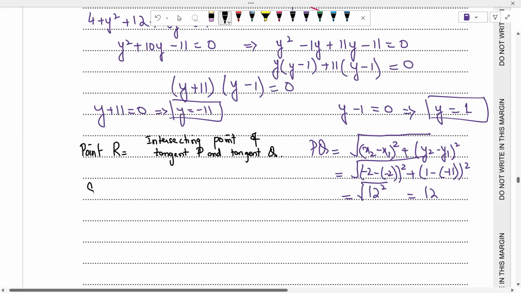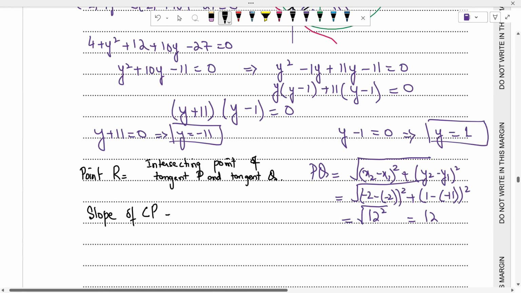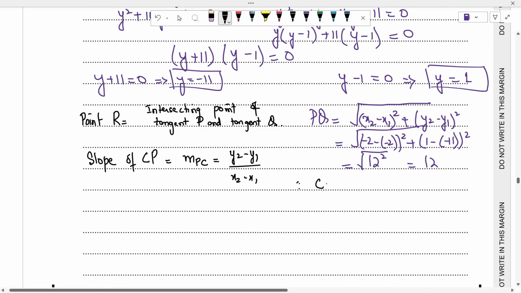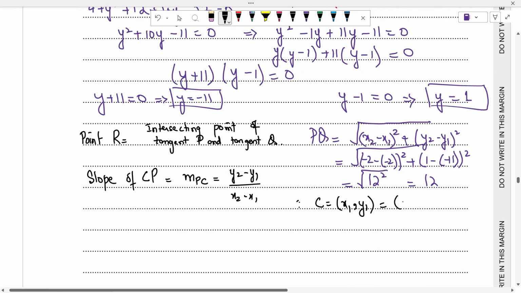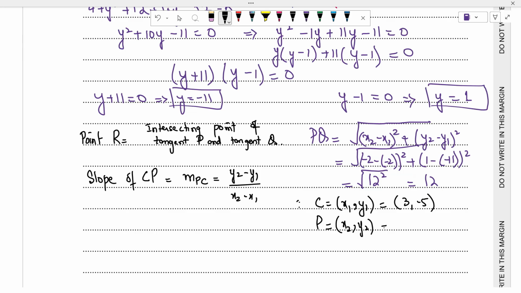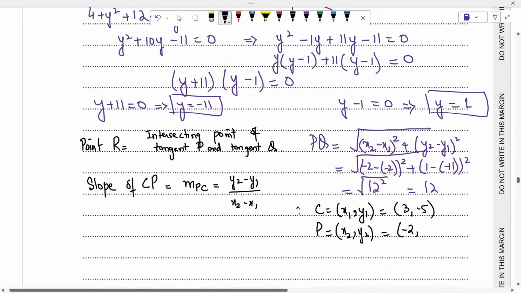So the slope of CP, which is MPC, is equal to (y2 minus y1) over (x2 minus x1). C is (x1, y1), which is equal to (3, negative 5), and P is (x2, y2), which is equal to (negative 2, 1).